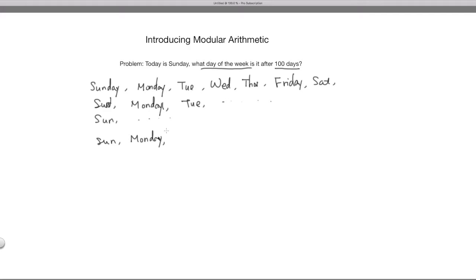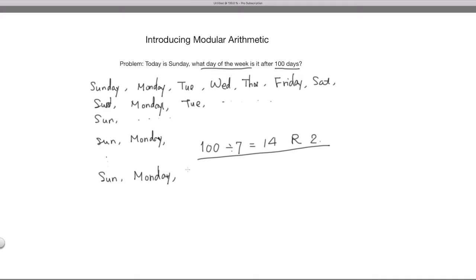And here, 100 divided by 7 equals 14 with a remainder 2. So after 14 multiples of 7, which is 98 days, it's going to be Sunday again, correct? And then 99 days will be Monday.